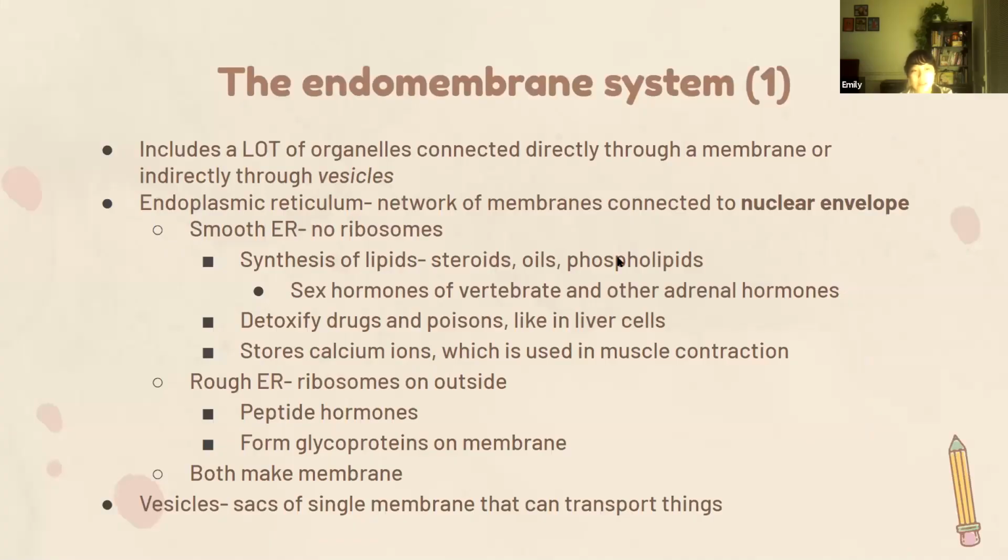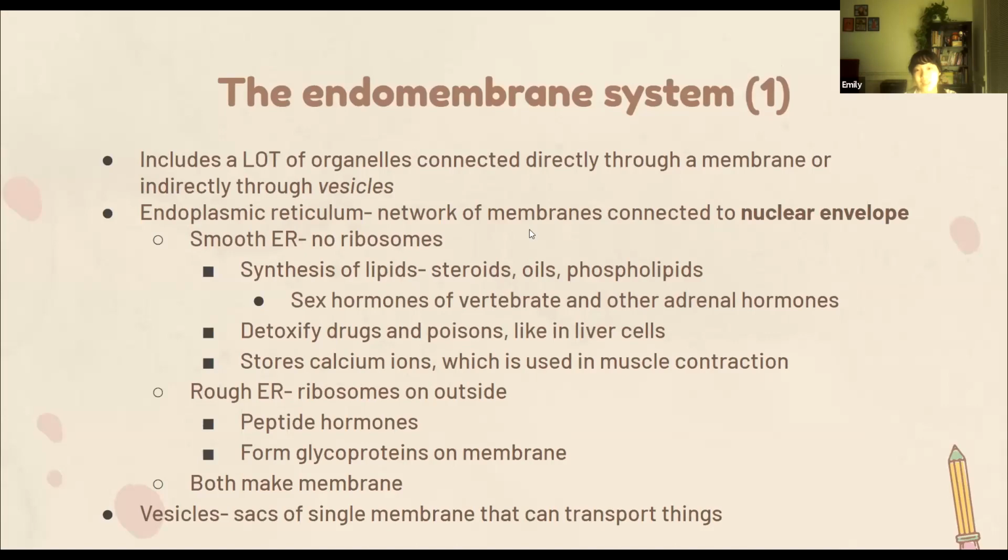It has many functions. It synthesizes lipids or fats, so it makes steroid hormones, oils, and phospholipids for more membranes. It also detoxifies drugs and poisons. Usually in liver cells, you will find a lot of smooth endoplasmic reticulum that detoxifies.